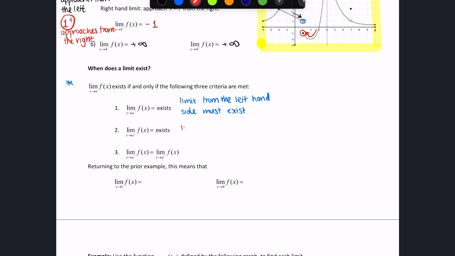The limit from the right-hand side must exist. And finally, the left hand limit must equal the right hand limit for the limit to exist.